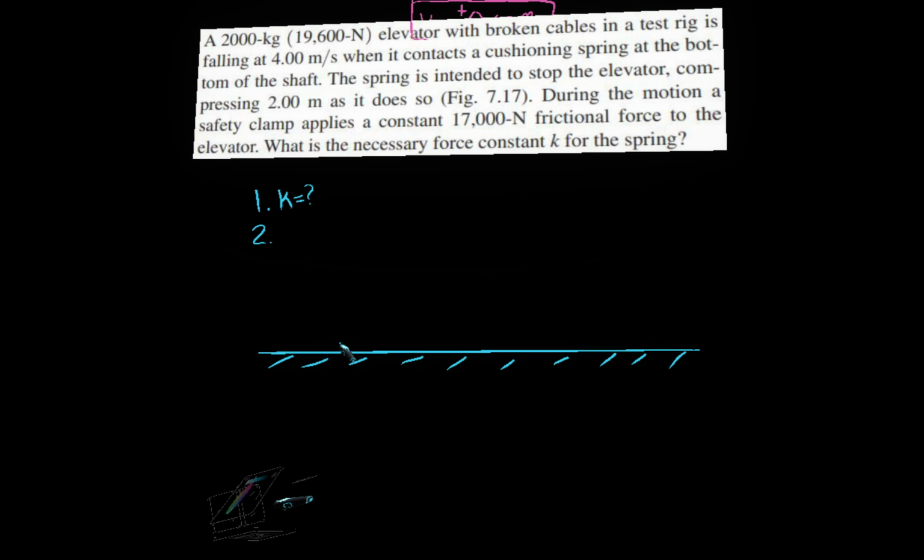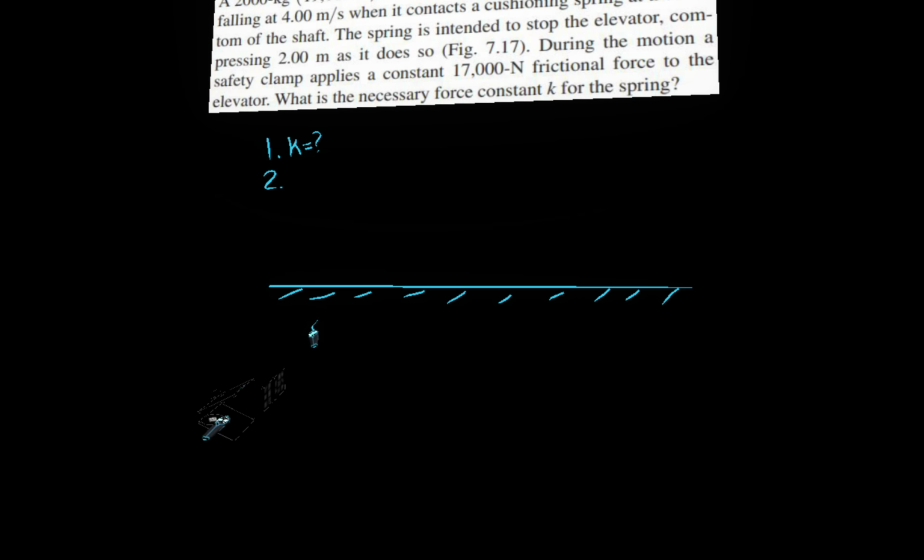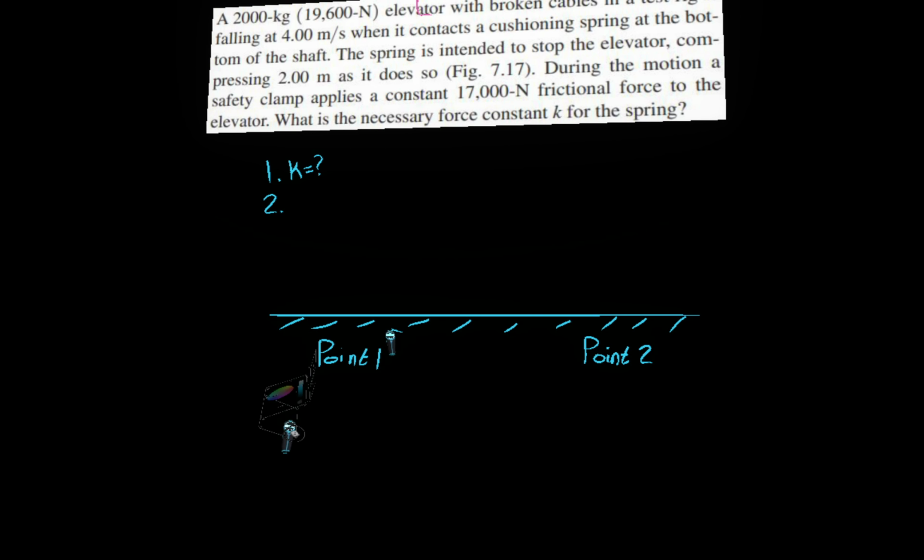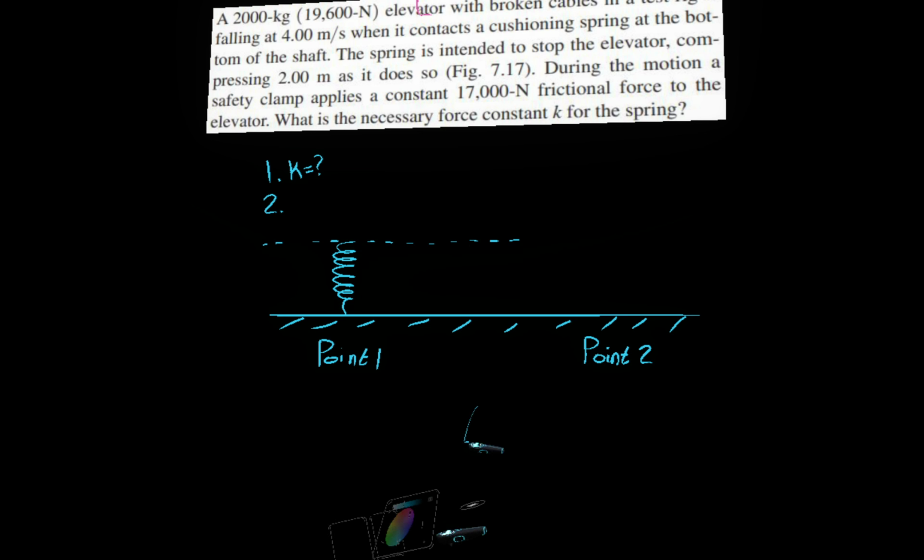All right, so point 1 is going to be over here, and this is going to be point 2, just like they did. Point 1 is when the spring is not compressed, so right here, that's going to be x, or we'll call that y because we're talking about height, and it's vertical. So y is equal to 0 there.